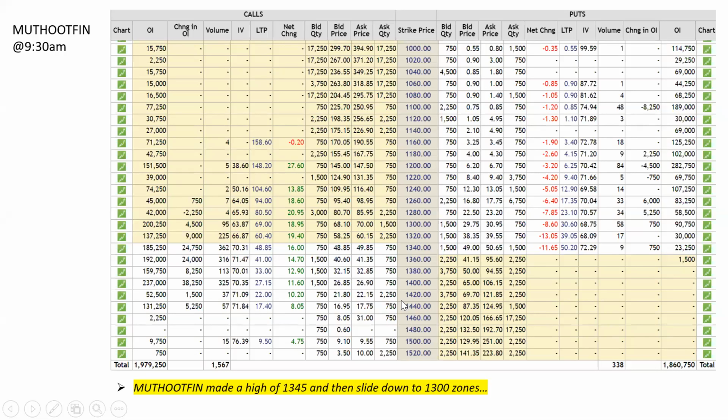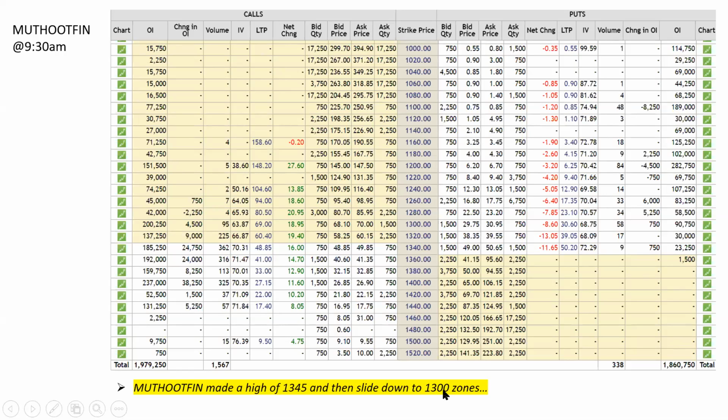Because like I said, in a bull market, very high OI is a dangerous and cautious move. We need to see OI increasing rapidly and in which direction it is going. So let's see.